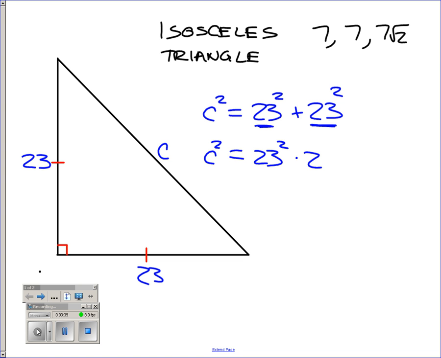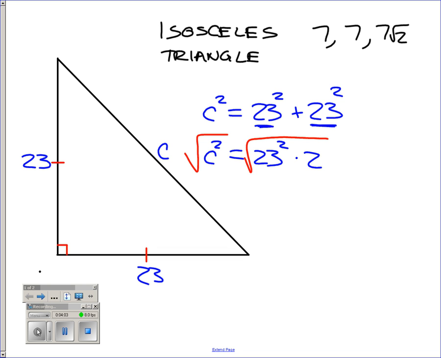Now, the reason why I'm putting that perfect square up in front is because when I take the square root, that square root of a perfect square, that's what's coming out. So the 23 is going to come out, and so then I'll have the root 2 inside. Again, take the square root of both sides.